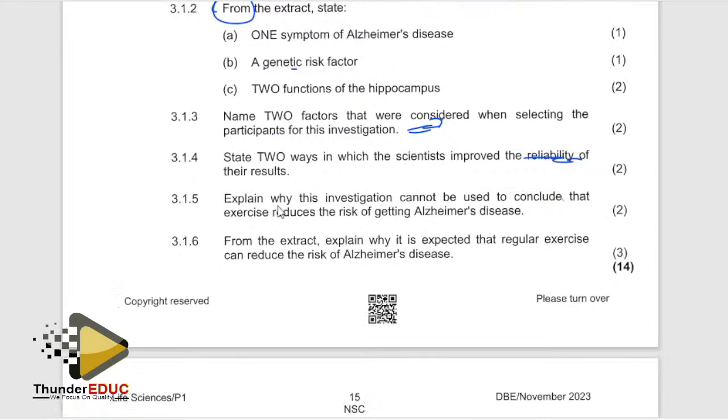Then we got the next question. Explain why the investigation cannot conclude that exercise reduces the risk of getting Alzheimer's disease. Cannot. Remember, some of them are basically genetical. How will it reduce the risk if it's genetical? So basically, what exercise does is reduce the symptoms of Alzheimer's disease.